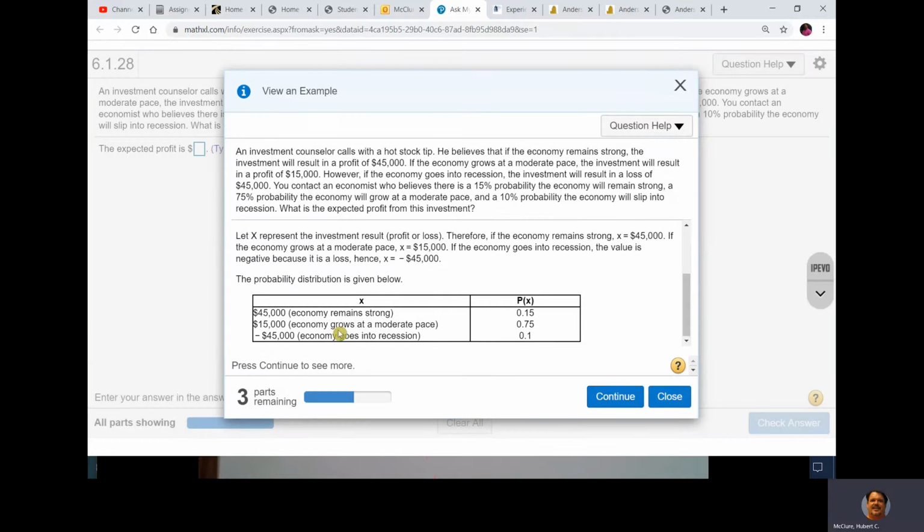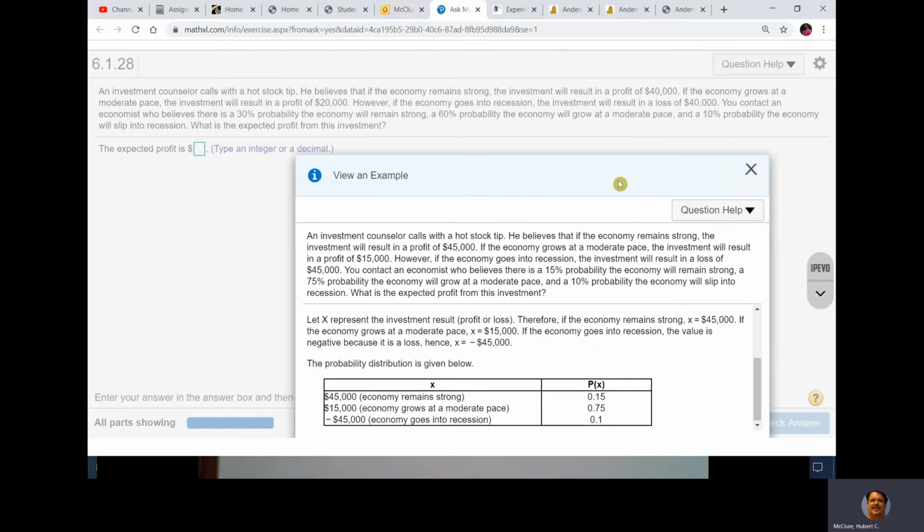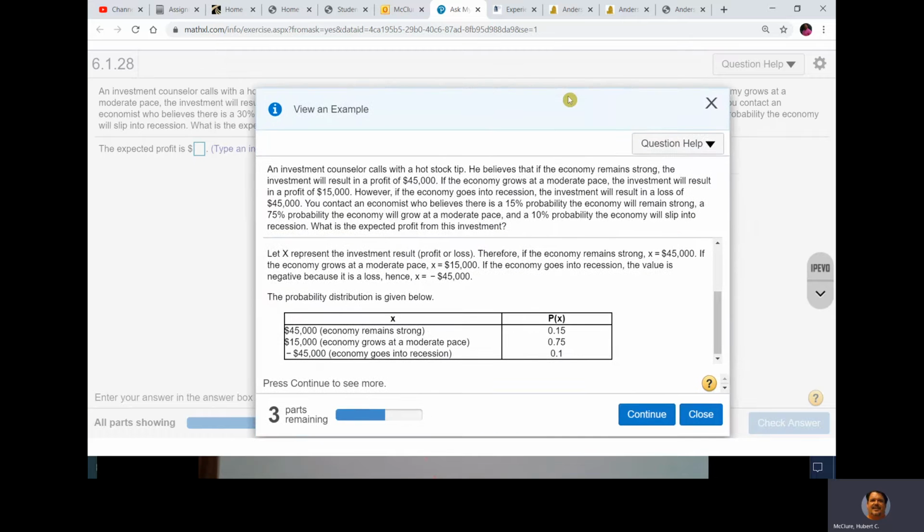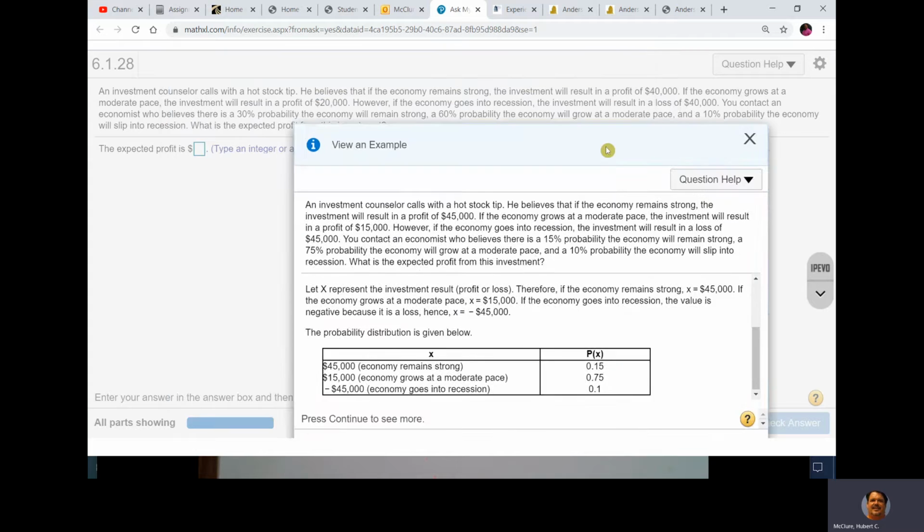There it is. 45,000 remains strong. 40,000 remains strong. 15,000 economy grows at a moderate pace. I think ours was 20,000. And let me look. I want to make sure.